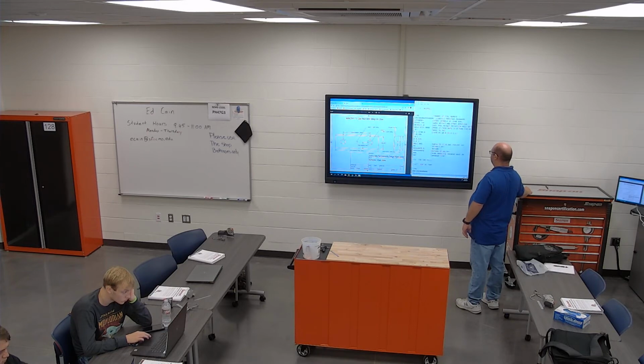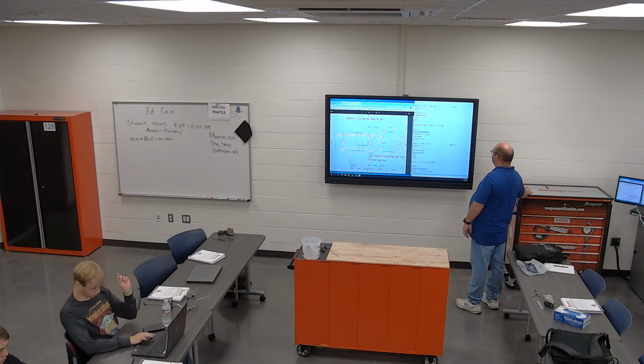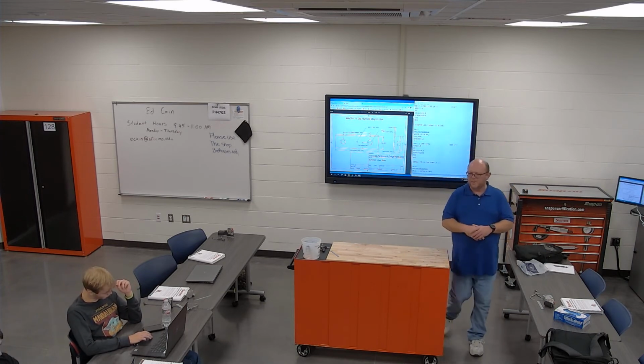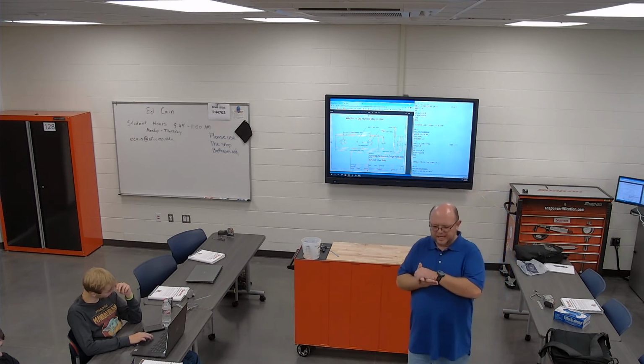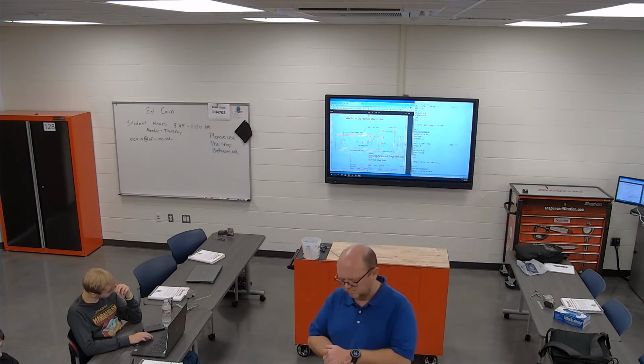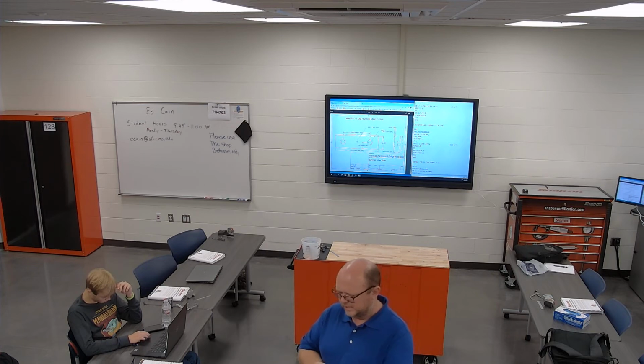I think it puts it back in. It's an incremental position. Incremental. I was just asking, what difference does that make? Machine home.